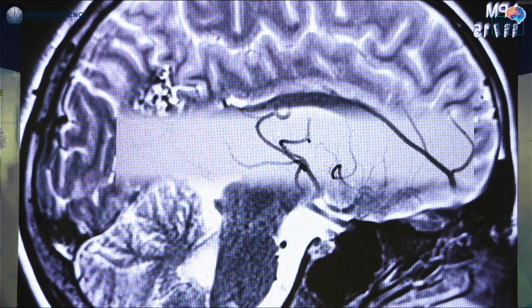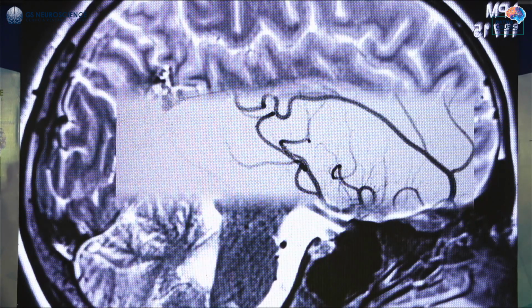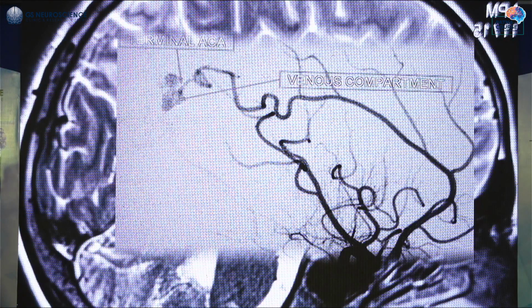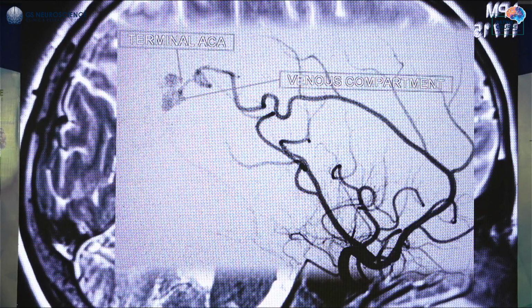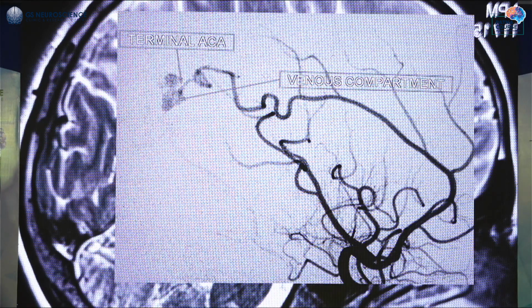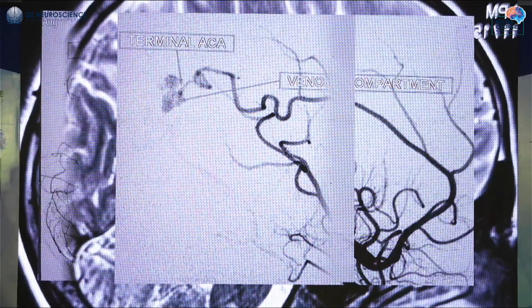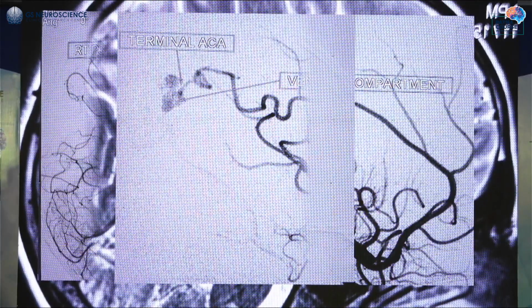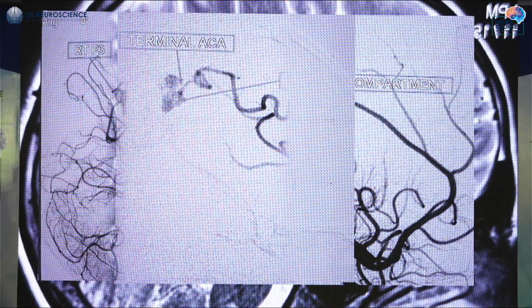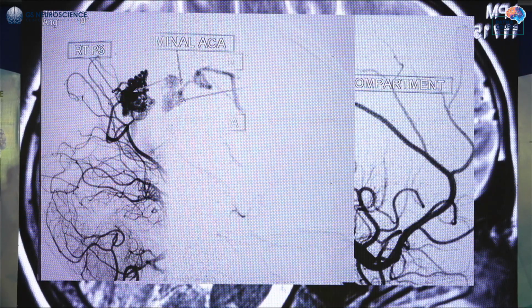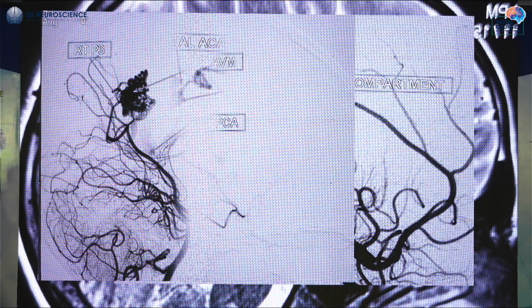So we have tried to juxtapose the ACA compartment over here. Now what is appearing is the PCA compartment.